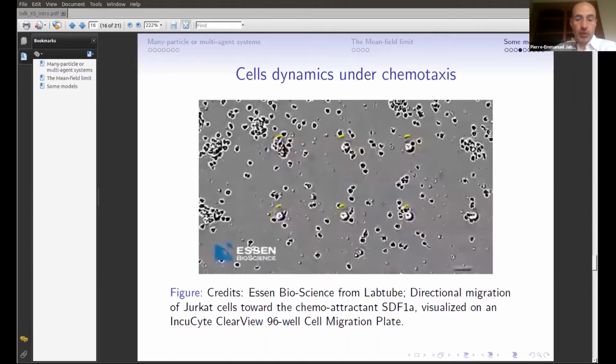So this is, again, an actual experiment that shows the dynamics of cells when you put some chemoattractant. And something that you observe in this experiment is that the cells do tend to congregate. Right? So you see those clusters of cells.